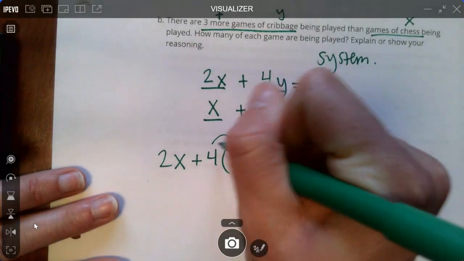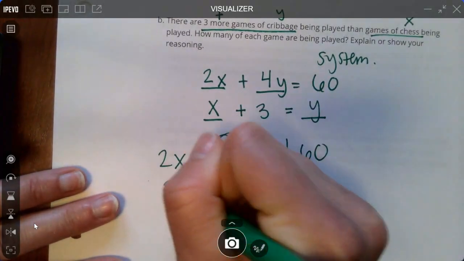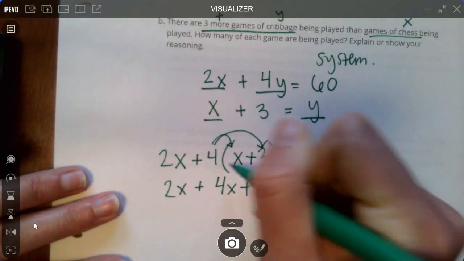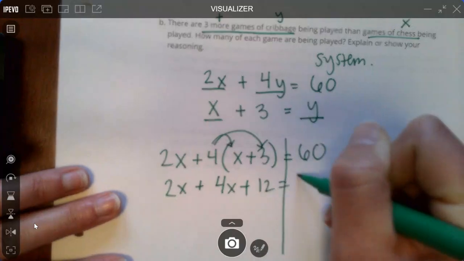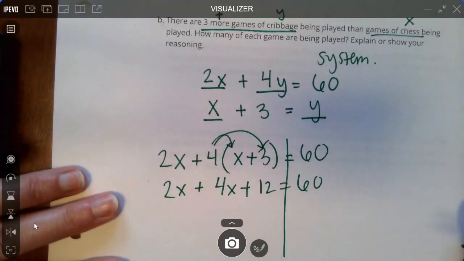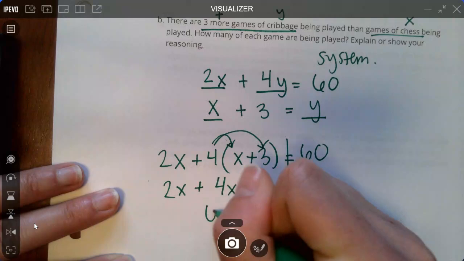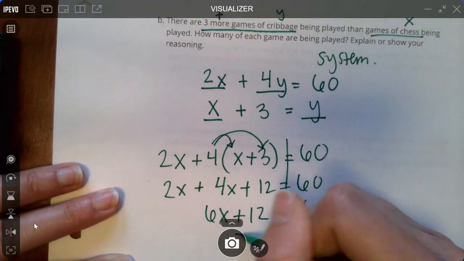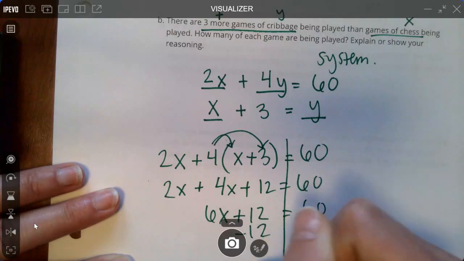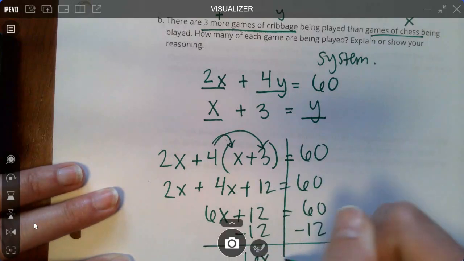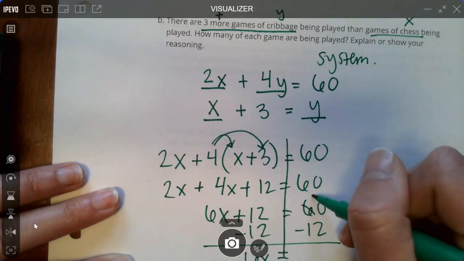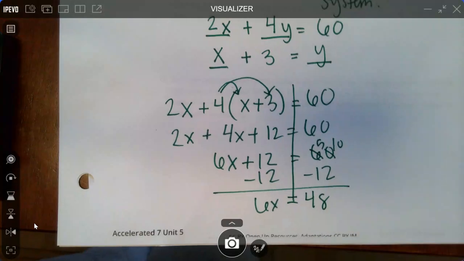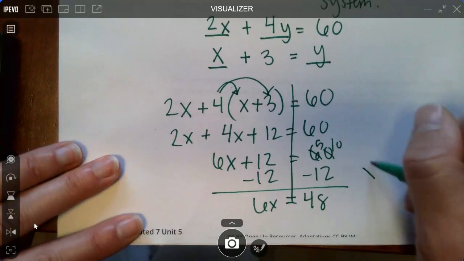I have to distribute. 2x plus 4 times x is 4x, plus 4 times 3 is 12, equals 60. Putting things together, 6x plus 12 equals 60. Take away my 12, I'm left with 6x equals 48. Once I divide by 6, x equals 8.